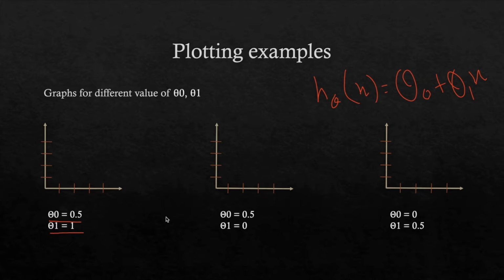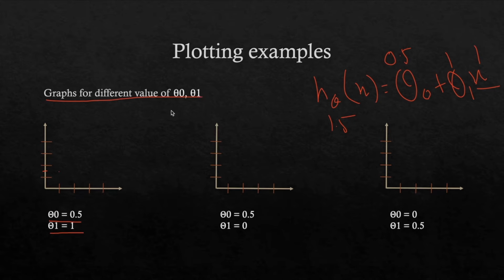So let's take it as a linear function, so our x will gradually increase. Let's take x equal to 1. When x equals 1, theta 1 is 1 and theta 0 is 0.5, so our output will be exactly 1.5. So it will be somewhere here, and our x is here. So this point comes.